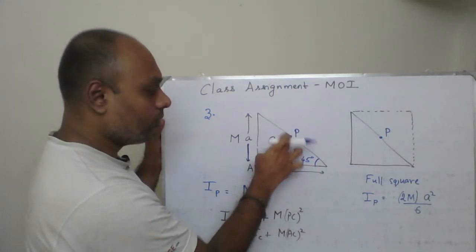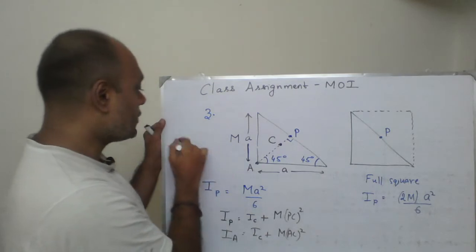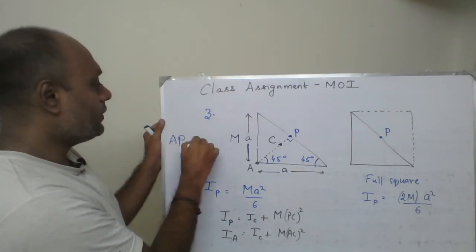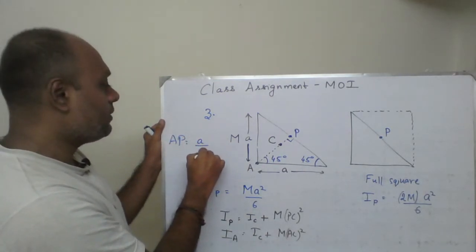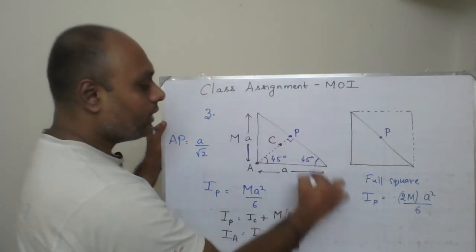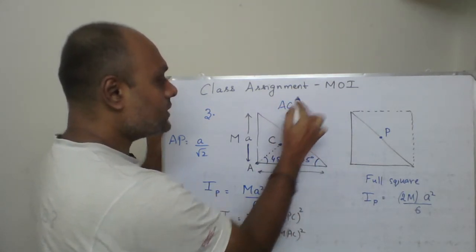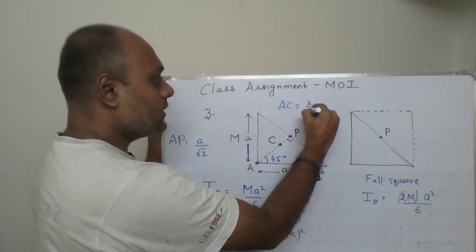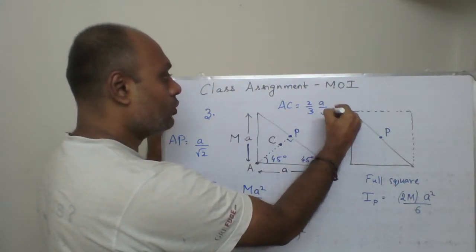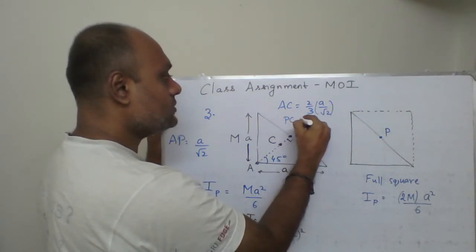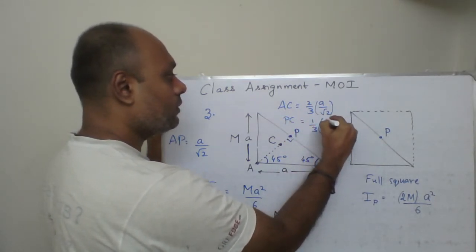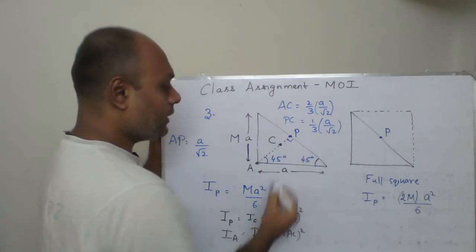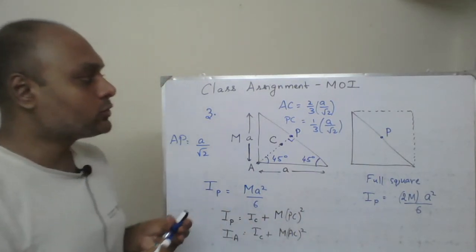Cos 45 is 1 by root 2, so AP will become A by root 2. AC will be 2/3 of this. AC is 2/3 of A by root 2 and PC is 1/3 of A by root 2. So I essentially have PC and AC values.